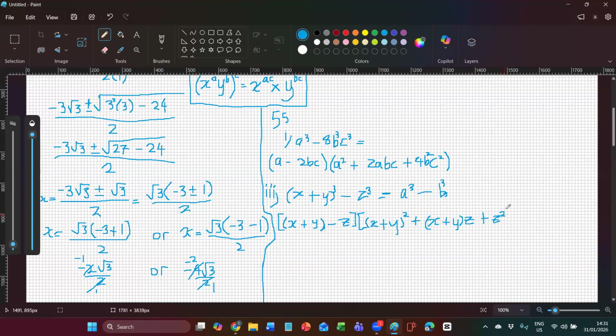Let's see how it goes now. On the next line, there are some things we can simplify. That first bracket will just simply become x plus y minus z.